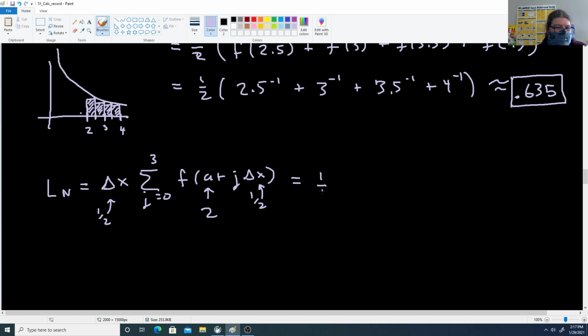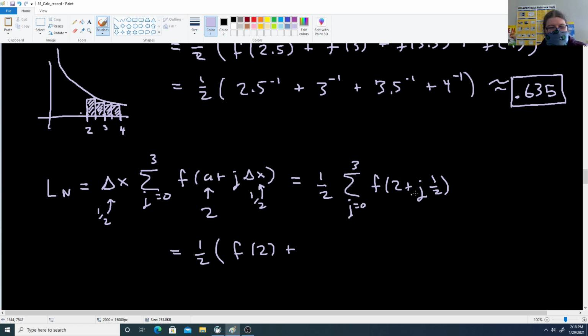So we're going to rewrite this a little bit nicer. We get 1/2 sum of j equals 0 up to 3, f of 2 plus j times 1/2. So we're going to evaluate this out. We'll get 1/2 times, let's see, j starts at 0. When j is 0, this is 2 plus 0, which is just f of 2.